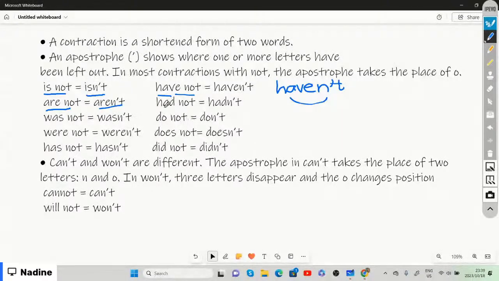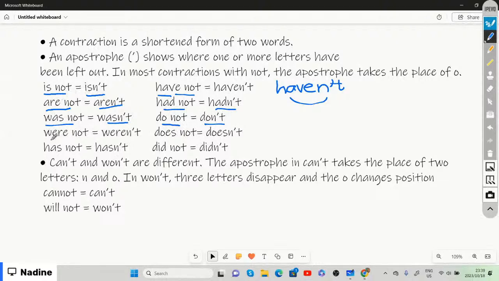Then we have had not, which is hadn't, was not, which is wasn't, do not, which is don't. And don't is a common word that we mainly use, right? Yes, you are also correct. Aren't is correct. Are not, right?